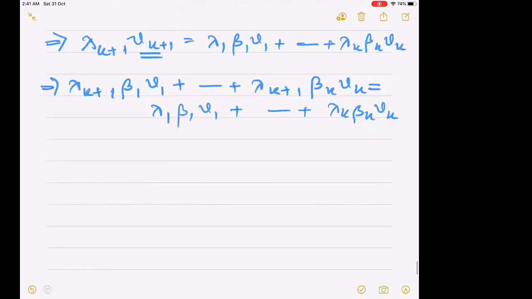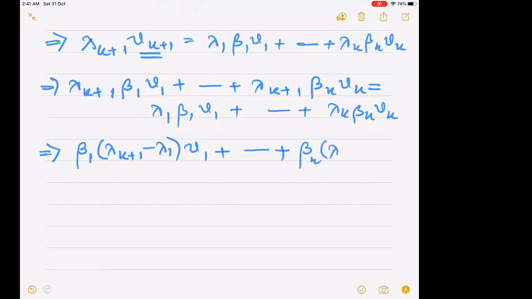Taking everything on one side, notice carefully, what we have is beta 1 (lambda k plus 1 minus lambda 1) into v1 plus dot dot dot beta k (lambda k plus 1 minus lambda k) into vk.